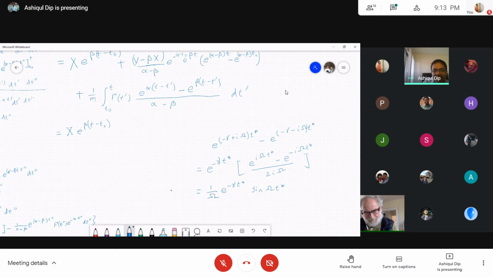Also here, plus v minus beta x e to the power negative alpha t0 e to the power beta t, and then we have e to the power alpha minus beta t. What's that? And divided by alpha minus beta. So what's that? It's 1 over omega sine omega t, right?